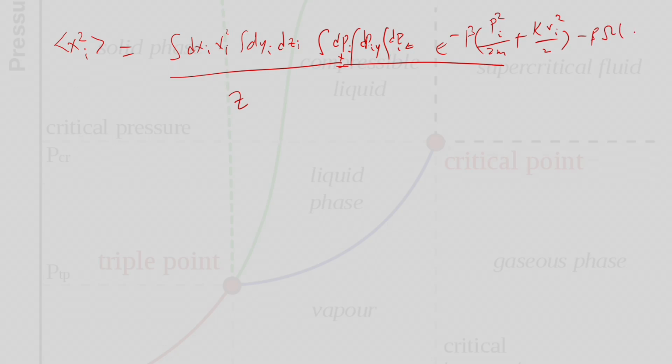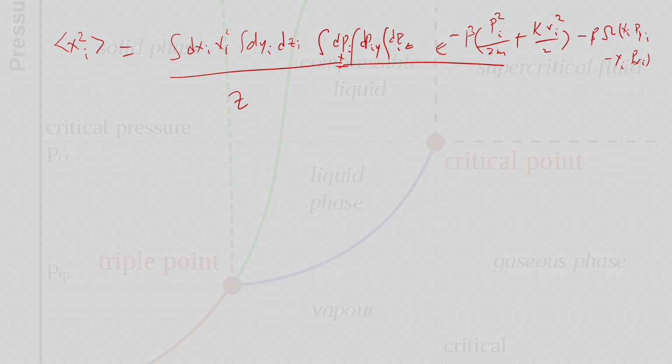Okay, so you'll have to excuse this long expression. Here z is the usual canonical partition function without this xi squared. So z is whatever it is without the xi squared there.